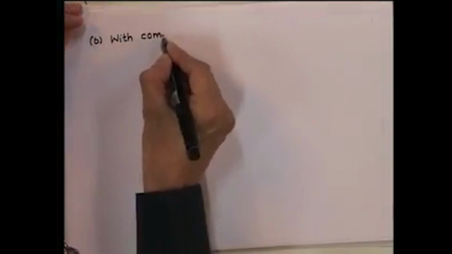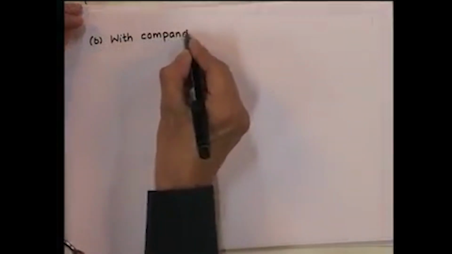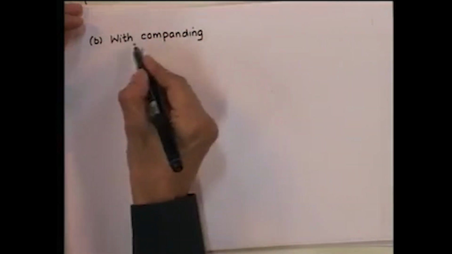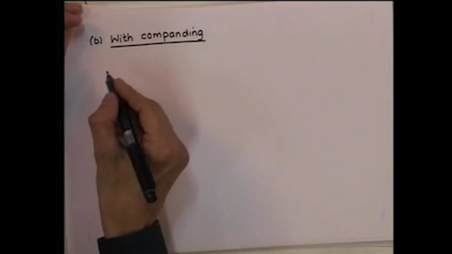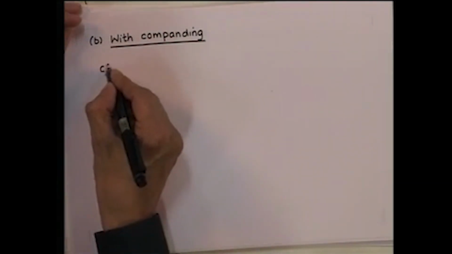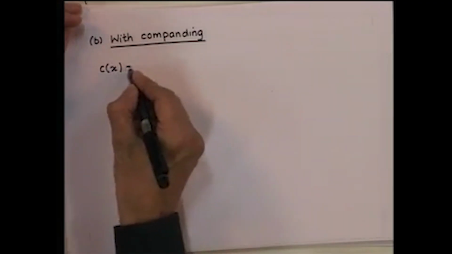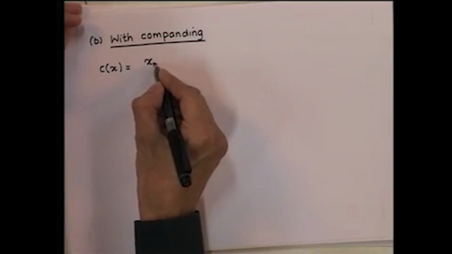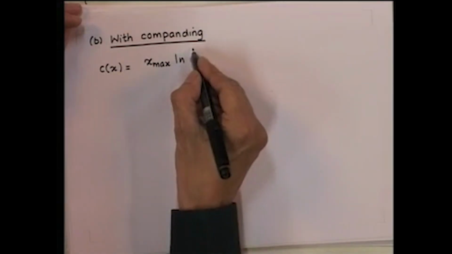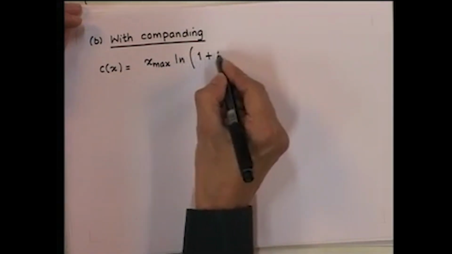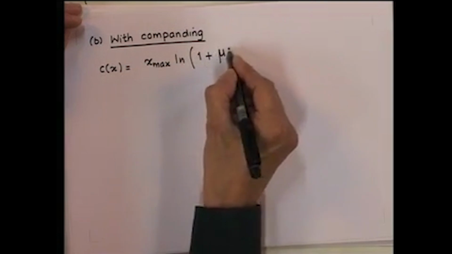So, with companding, the first step is to pass it through the compressor, which is equal to C(x) = x max log of 1 plus mu times x by x max.